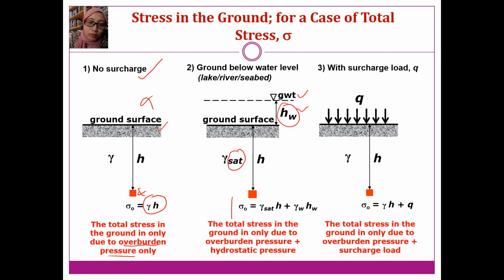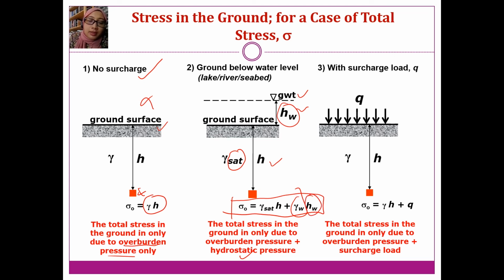So that's why we have this kind of equation, because the total stress is due to the overburden pressure and also hydrostatic pressure. For the hydrostatic pressure, you have the unit weight of water, gamma water, times the height of water.